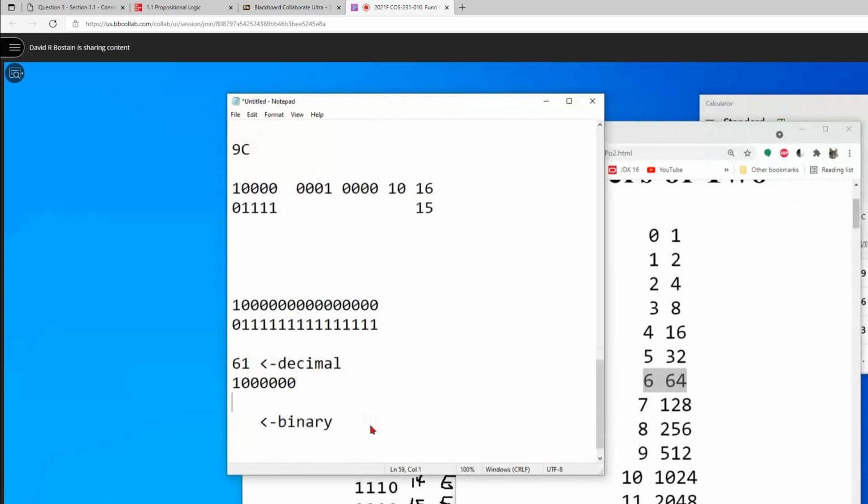But what we also could say is, if that's 64, that's 63. How much bigger than 61 is 63? Well, it's 2 bigger. So that means if I took this same number and got rid of the 2, I'd have the right answer.